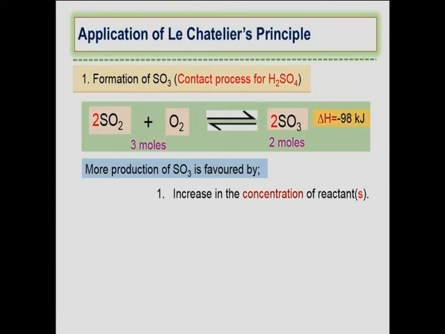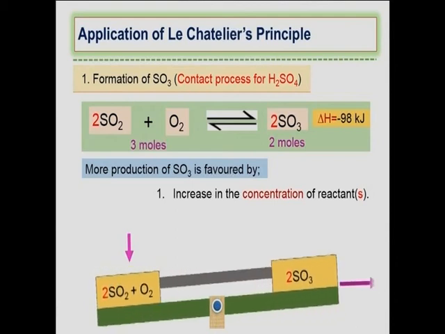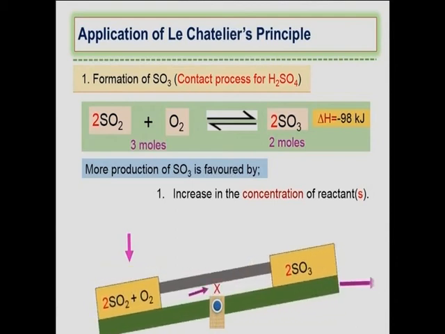If you increase the amount of sulfur dioxide or oxygen at the reactant side, definitely that is going to give us more product. For example, let us say it is at equilibrium. You can either add sulfur dioxide or oxygen at the reactant side, or you can also remove the product, that is sulfur trioxide. So that is how we can stress the system. Now the equilibrium is going to be disturbed, and it reestablishes the equilibrium by producing more sulfur trioxide.